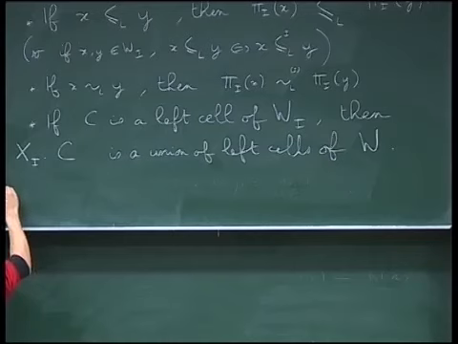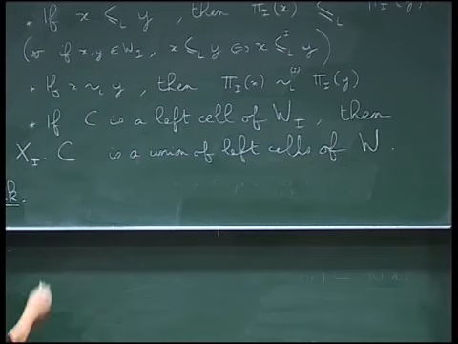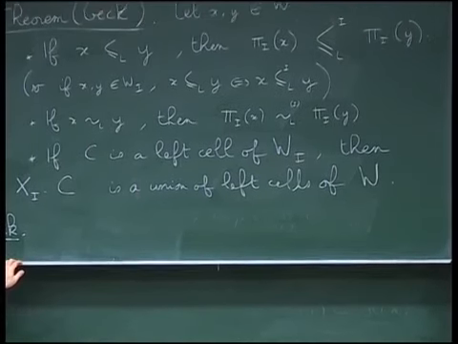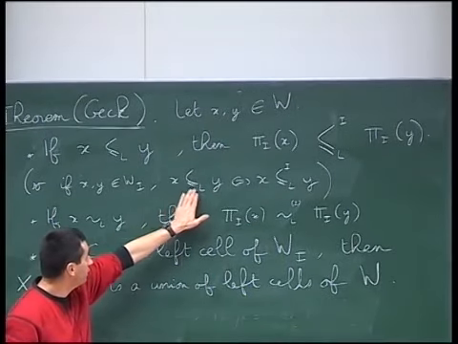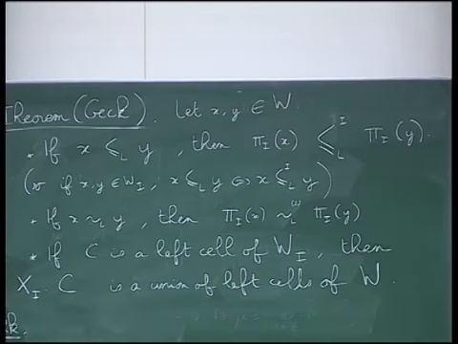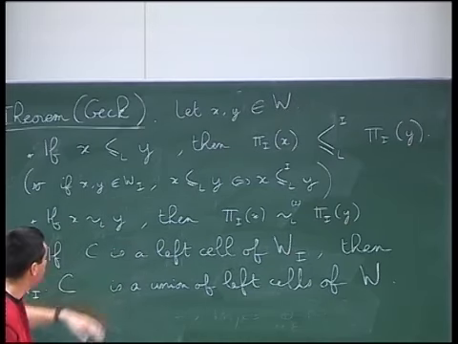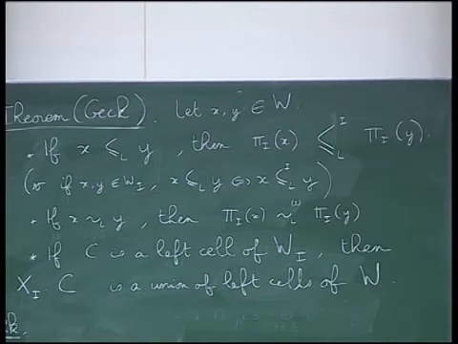Just a remark. I have said that the left preorder relation in W_I and in W coincide when you restrict to elements of W_I. And this is also true for the right relation because you can take the inverse, that's easy. But this is false for the left-right preorder.